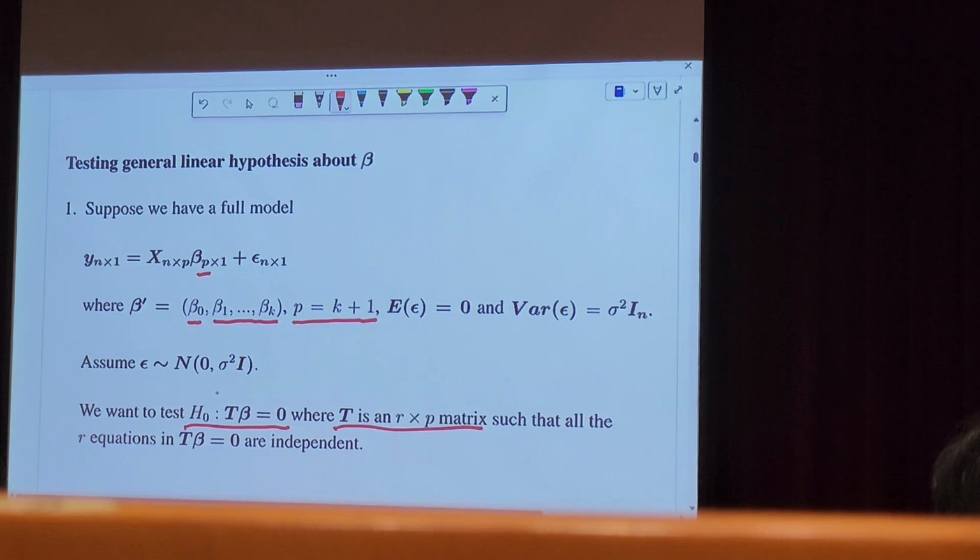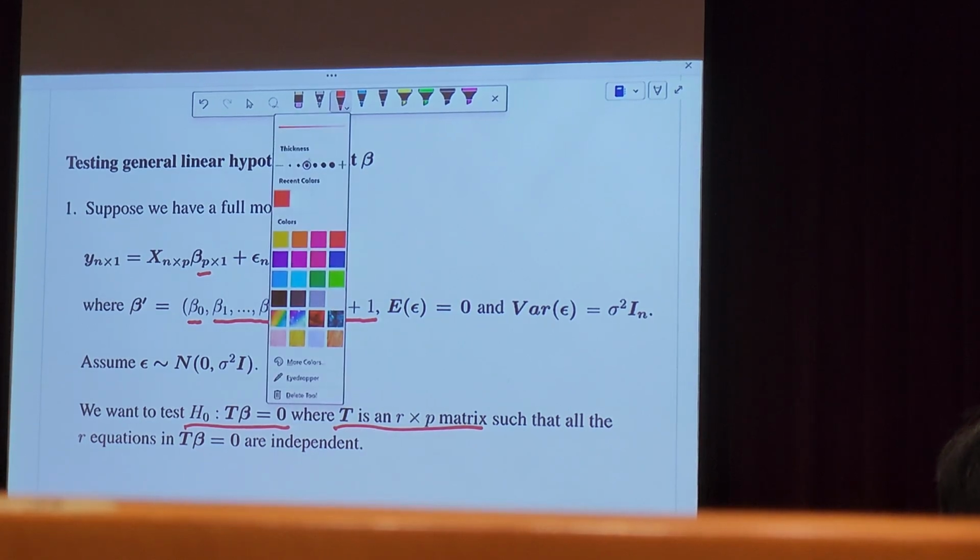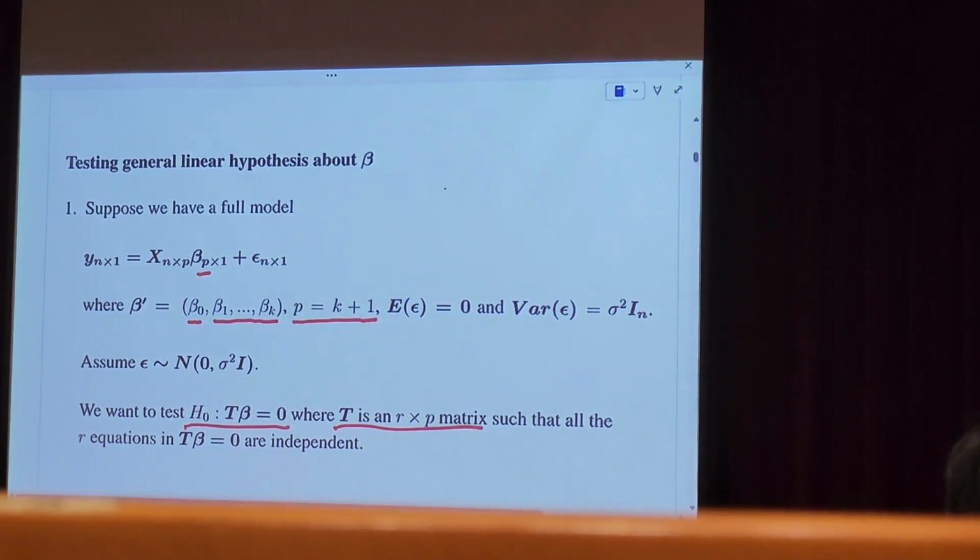This is R by P, this is P by 1, so this 0 vector is R by 1. So we want to test R linear combinations of beta.